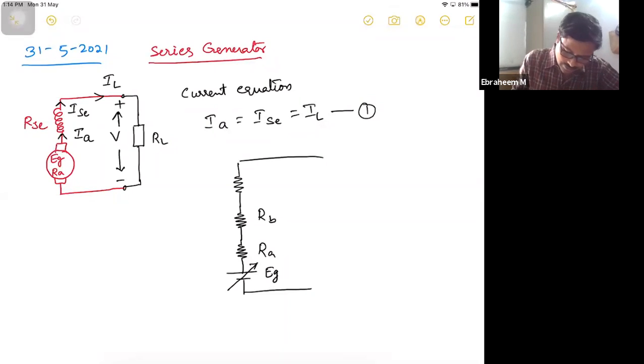At the terminals, we have a load resistance connected.